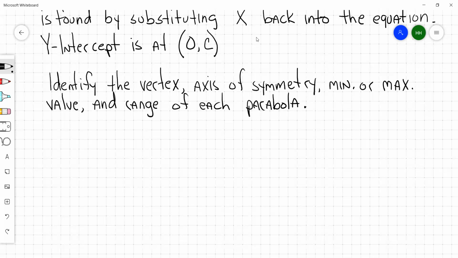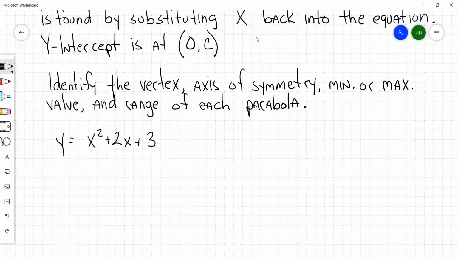And we're going to do that right now for y equals x squared plus 2x plus 3. Okay, so the first thing we got to find is the vertex.